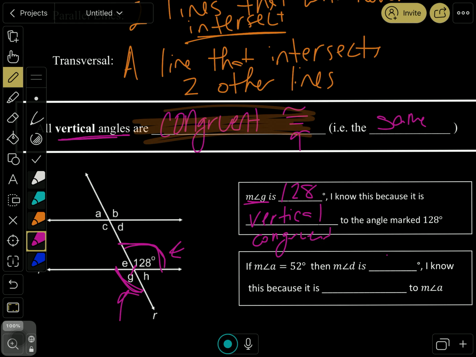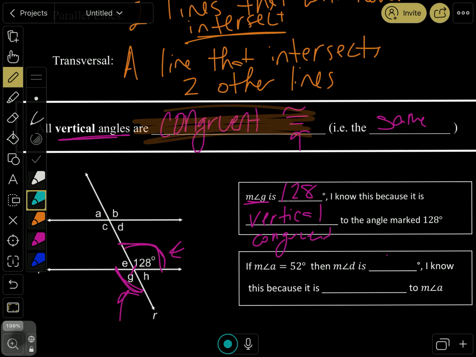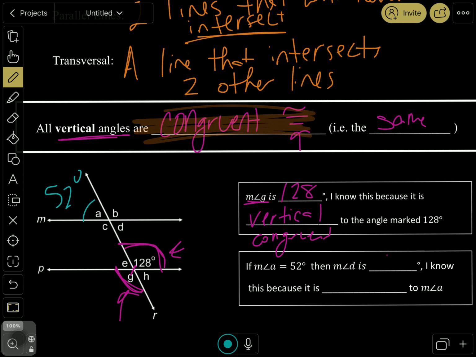All right, same sort of example here, but I would like you to pause the video, see what you can do with measure of angle A and the measure of angle D, and then resume this video and see if you got it right. All right, so I know that the measure of angle A is 52 degrees.